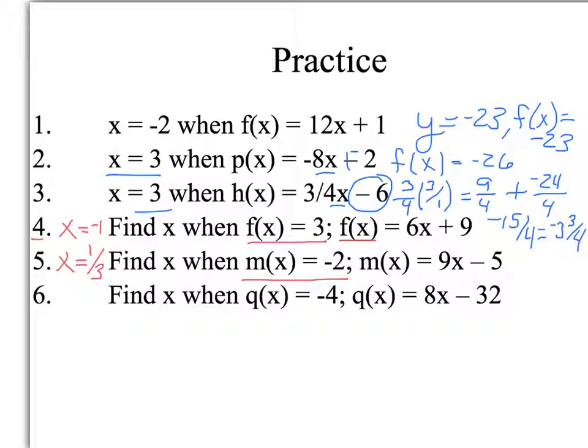Or 0.333 repeating. In number 6, I'm going to plug in -4 for y. Then I'm going to add 32 to each side, and that will give me 28. That's going to give me 28 divided by 8.